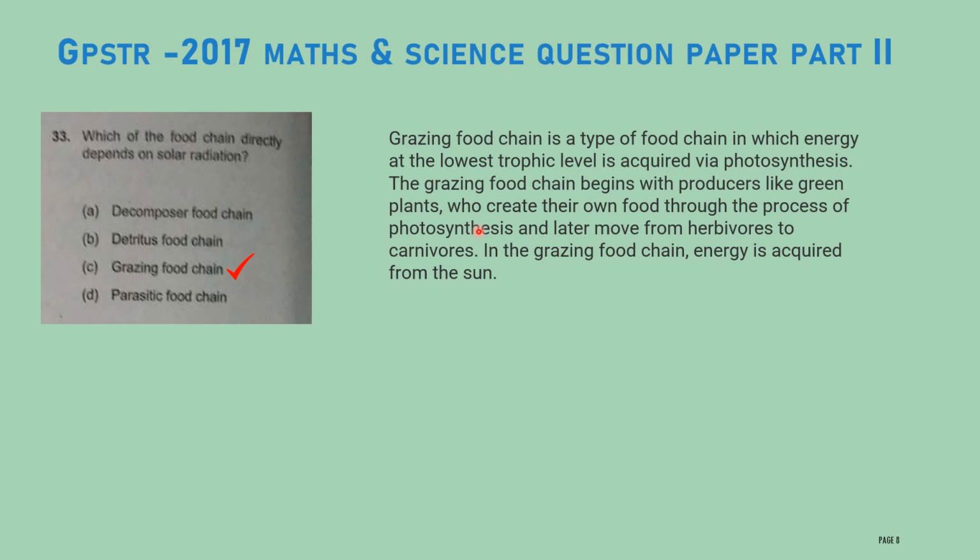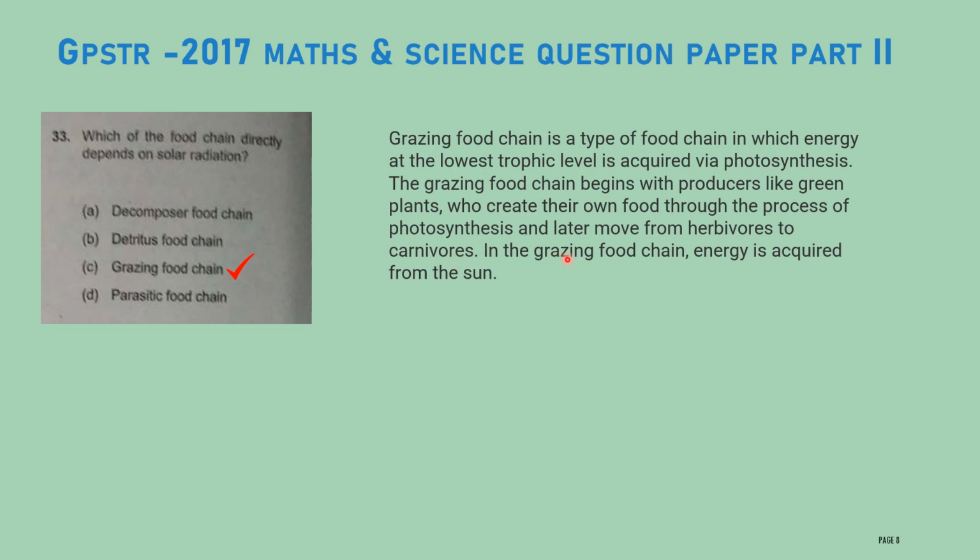Then herbivores, which are animals that eat only plants, will survive. After herbivores, it moves on to carnivores.